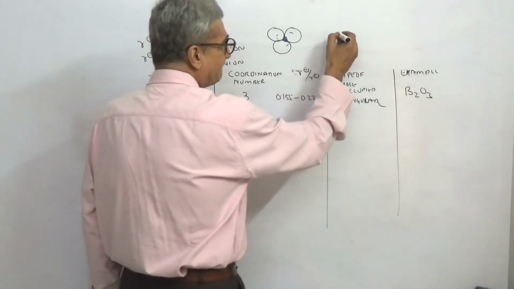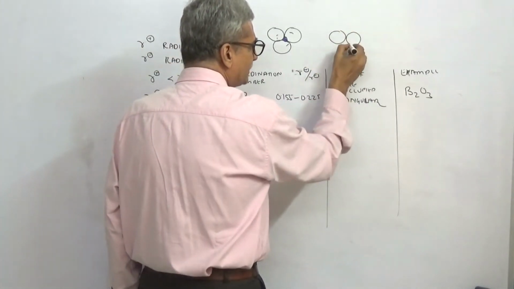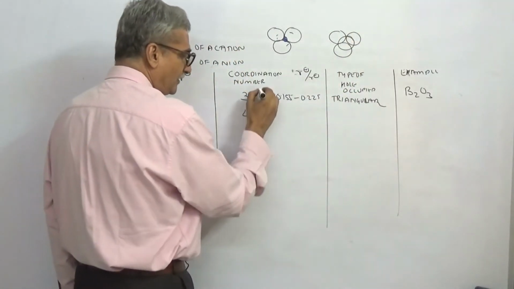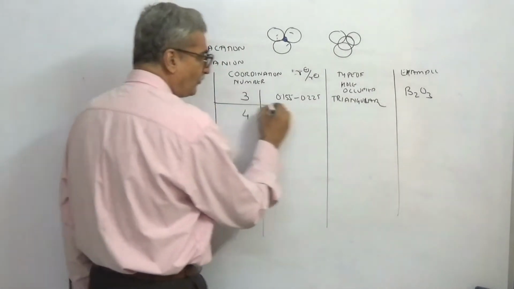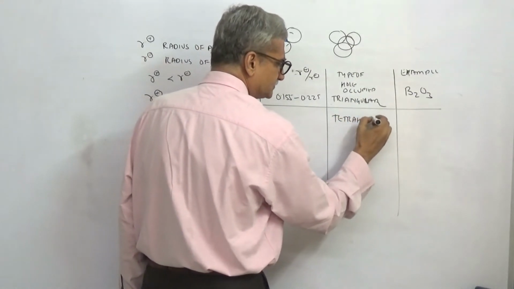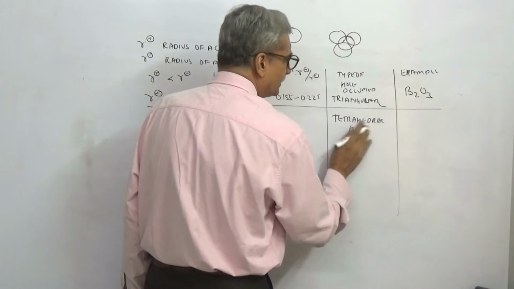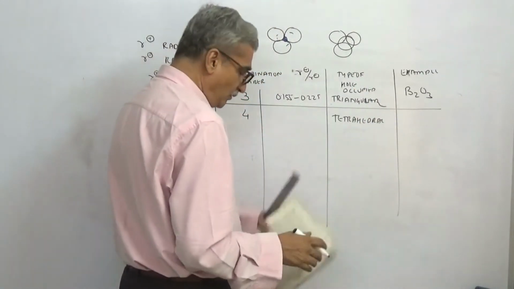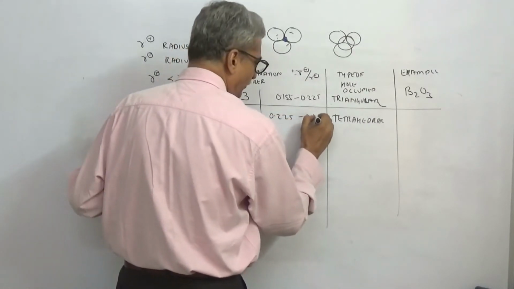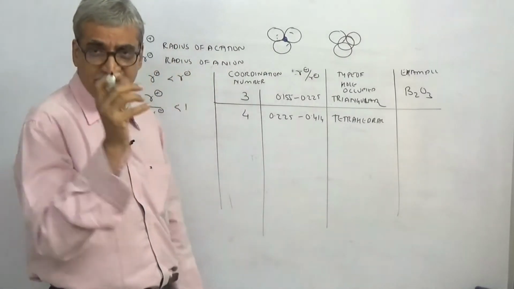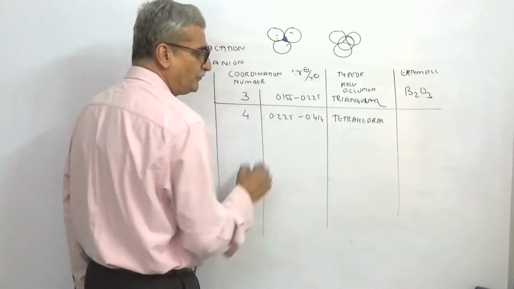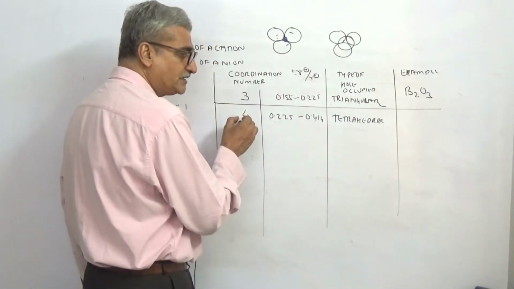So what did we do now? We added one more on top of this coordination number 3, so it became coordination number 4. With coordination number 4, what kind of hole is it? It is a tetrahedral hole. So what will be the range? 0.225 to 0.414. So with the X-ray spectrum, when we calculate the radius of the cation and radius of the anion, it falls in this range, 0.225 to 0.414. Automatically your coordination number is 4.